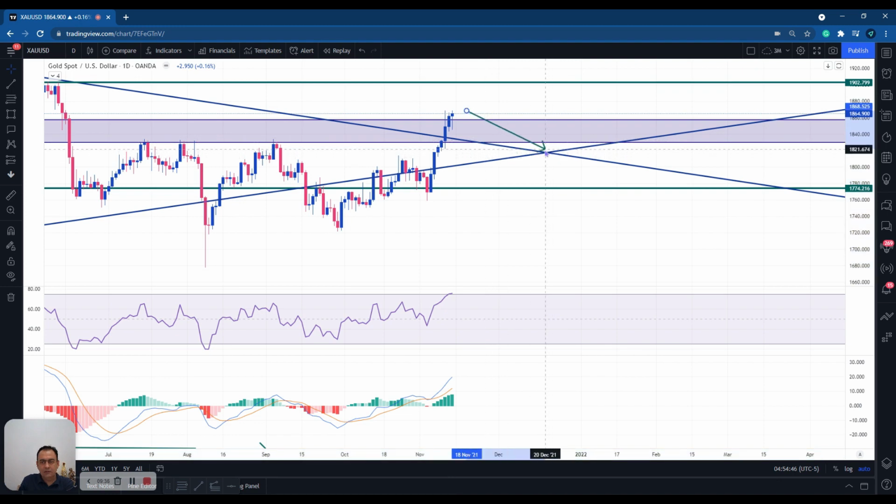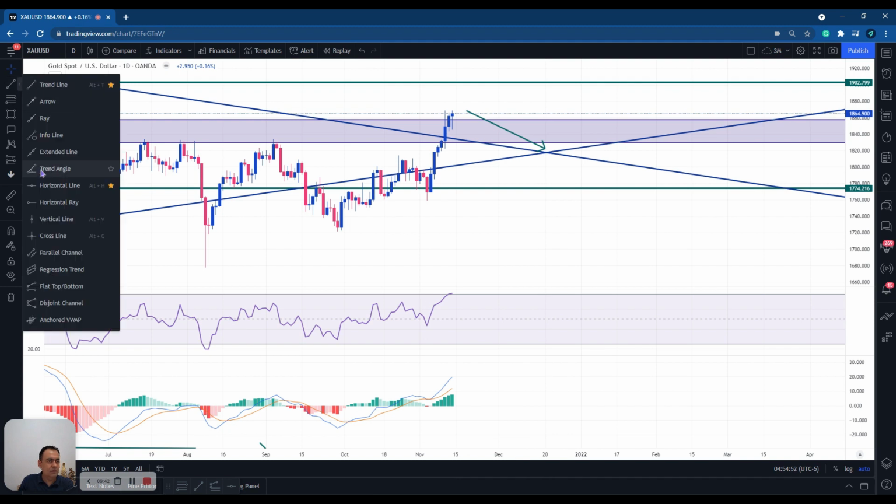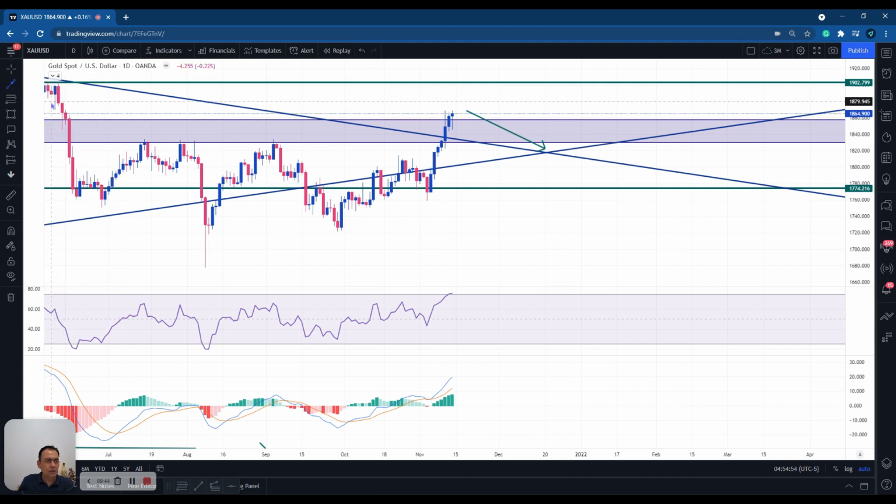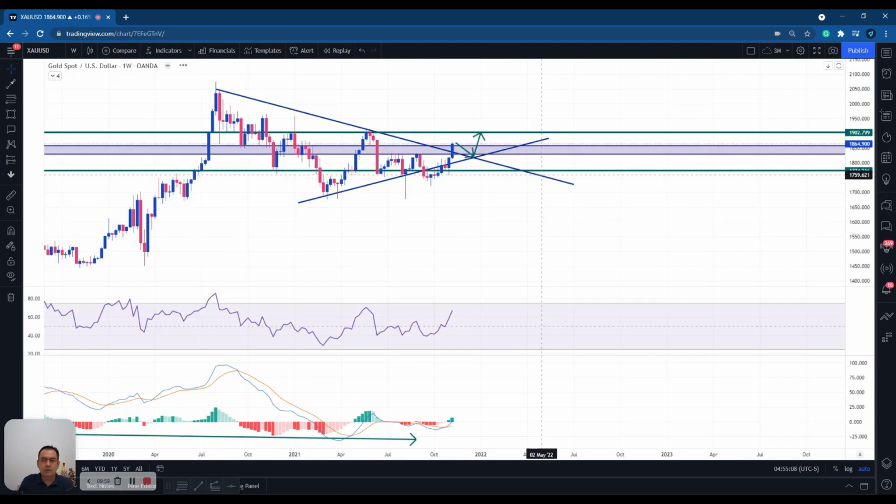If we retest, and it works as a support, then you can target the next level, which is 1902, 1905, 1910. It's always a zone, not a fixed level.